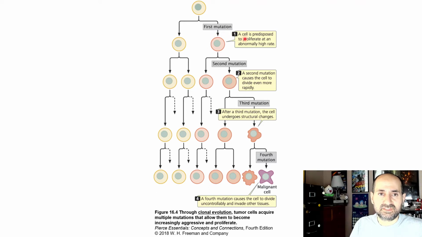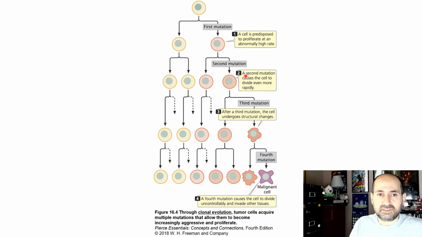Somehow there's a mutation of an important cell cycle regulatory gene, right? So it says, number one, a cell is predisposed to proliferate at an abnormally high rate. Notice how the first mutation did not cause cancer. This is not a cancerous cell. It's just one that's incurred its first blow, its first mutation, and now is at risk of becoming a cancerous cell. Then this cell divides, and now you have two predisposed cells.